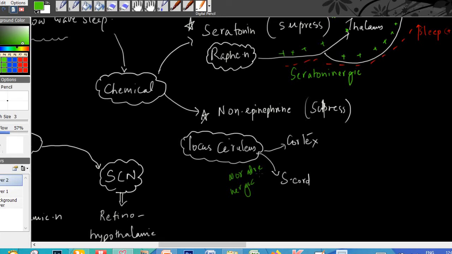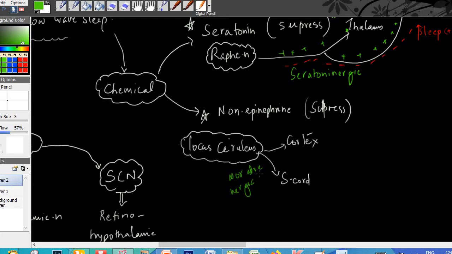In a similar manner as above, if there is more norepinephrine, there is suppression, and if there is less norepinephrine, there is progression of sleep, or more sleep.